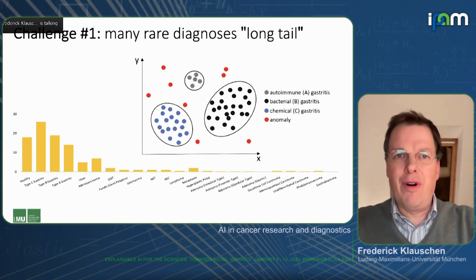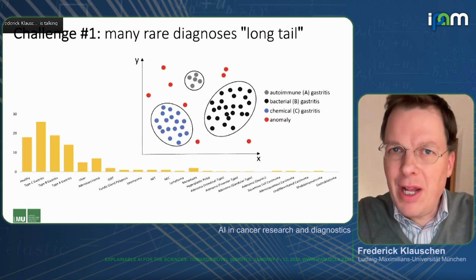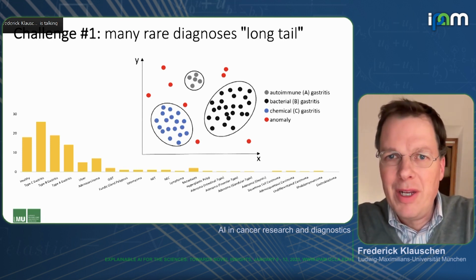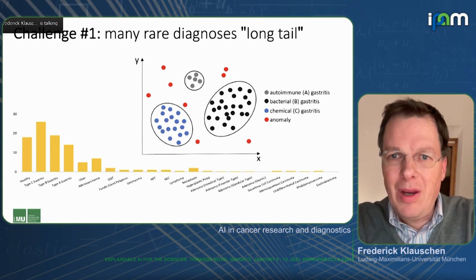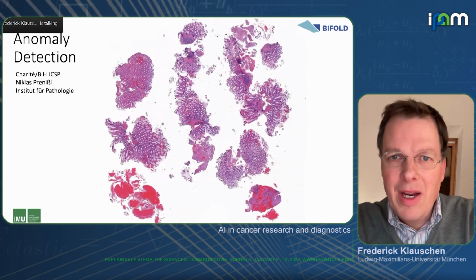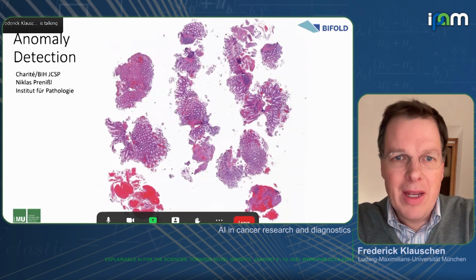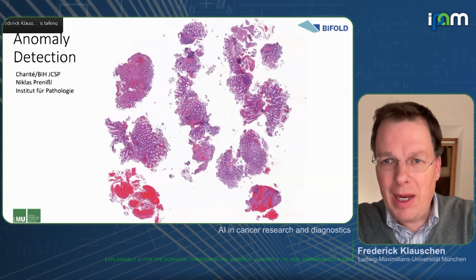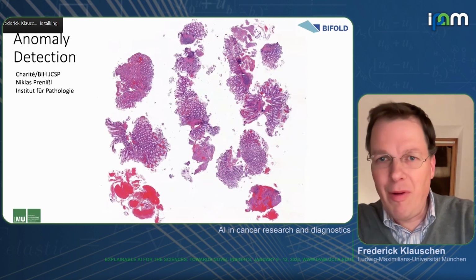So to address this challenge, anomaly detection approaches can be of help, and we have started developing these, as you can see here, in a colonic biopsy specimen, where it is, when looking at this, very easy to overlook the actual pathological information.